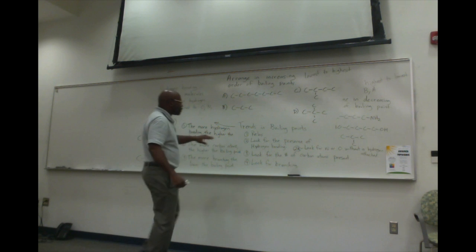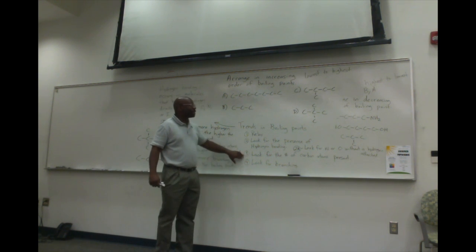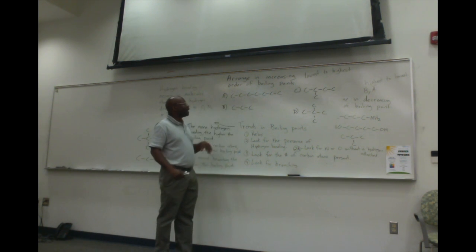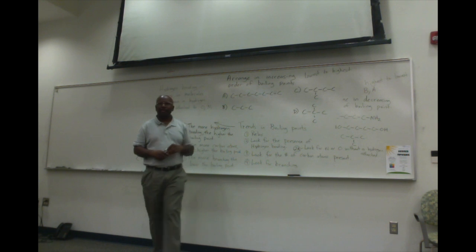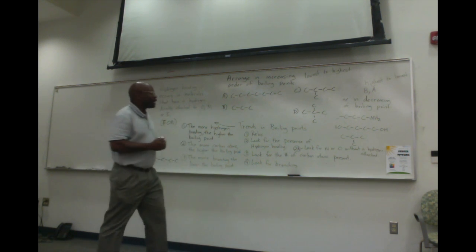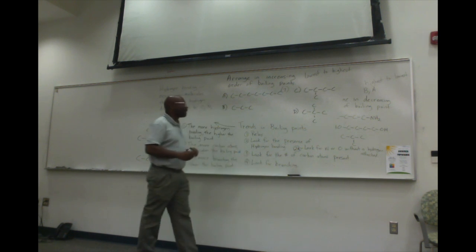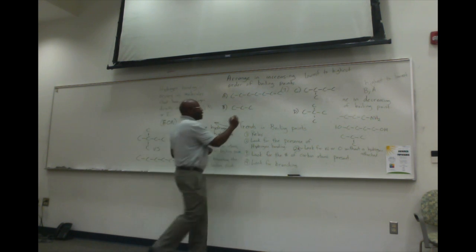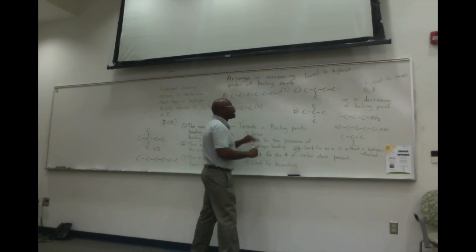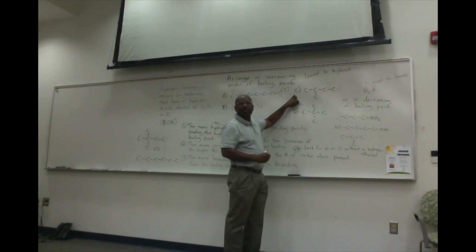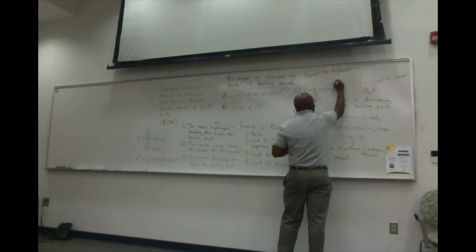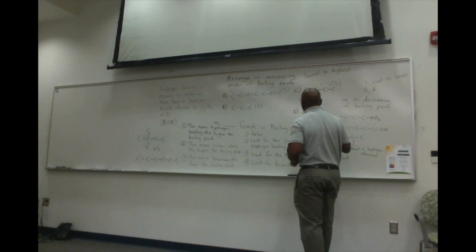So the next thing we'll look for is the number of carbon atoms present. In molecule A, how many carbon atoms do we have? We have 7. B, how many carbon atoms? 3. C, how many carbon atoms? And in D, how many carbon atoms?